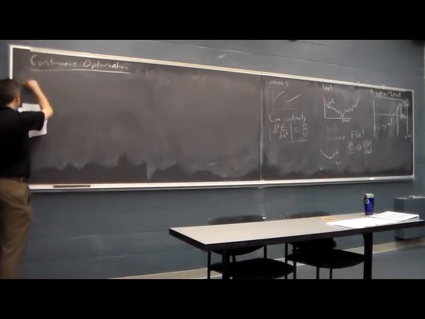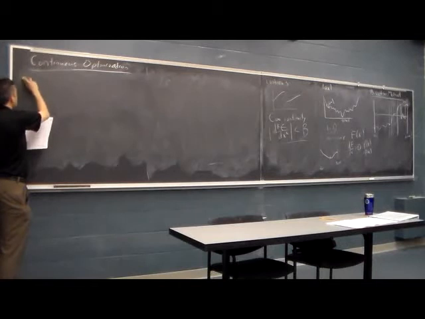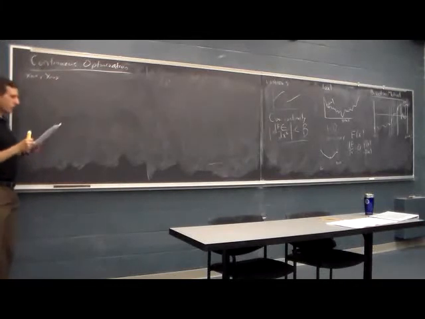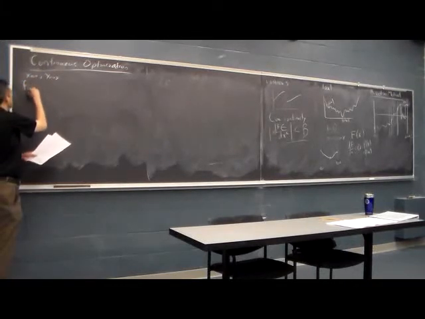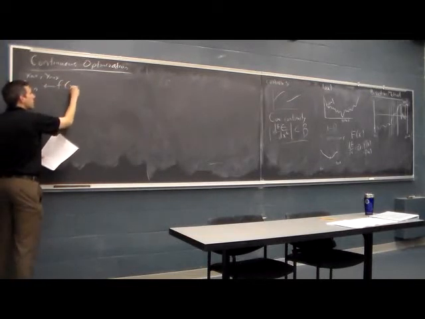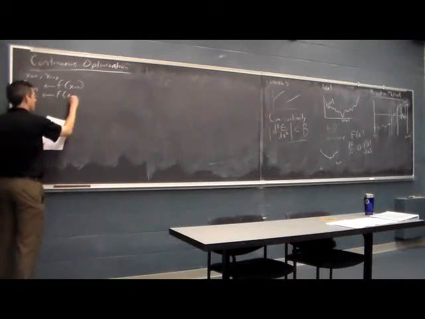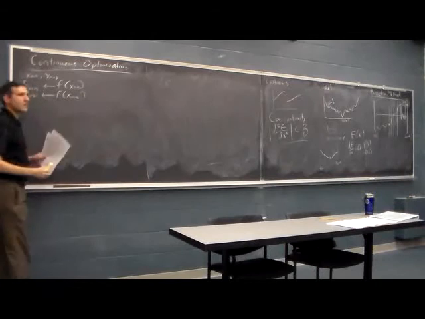So basically what we're going to do is we're going to say we start with some x-min and x-max. And the first thing we're going to do is compute what we'll call f-min, which is simply f of x-min, and f-max, which is f of x-max. So those are the values of our function on the interval.